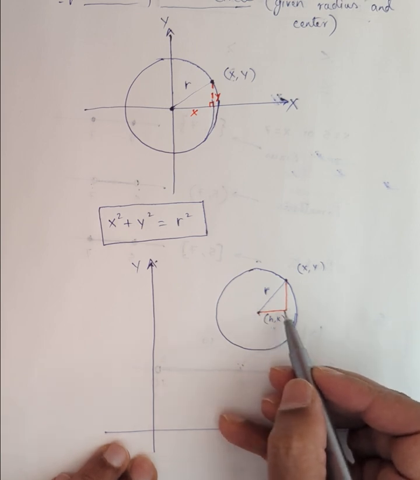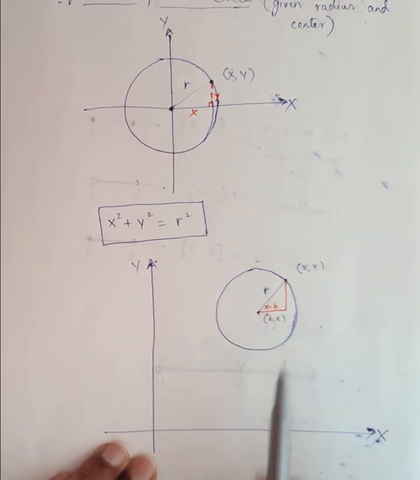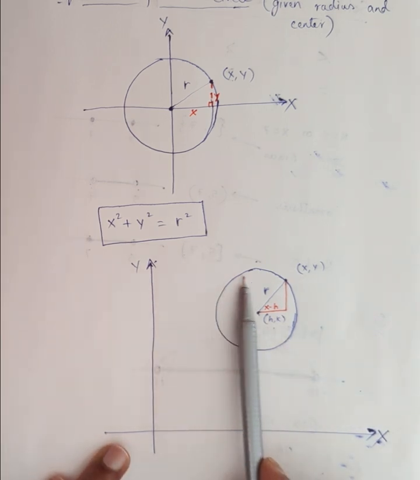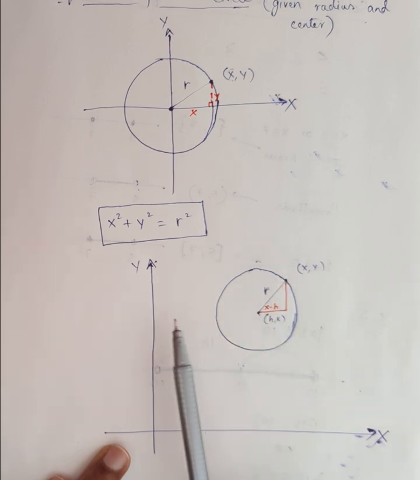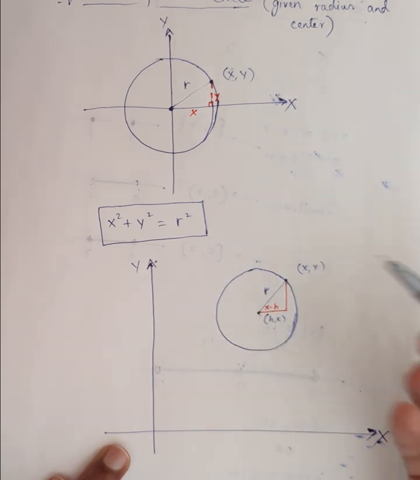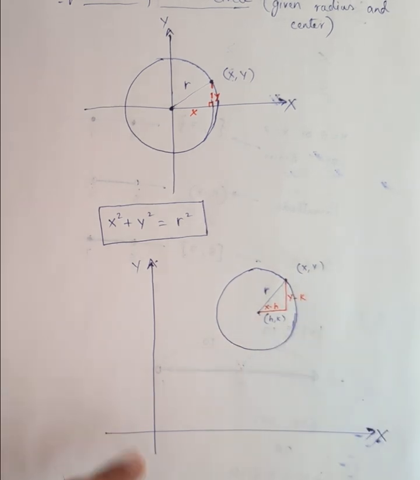The horizontal leg is going to be x minus h, because x is all the way from the y-axis to here, and h is all the way from the y-axis to the center. So from the center to that point, it's going to be x minus h. Similarly, the vertical leg is going to be y minus k.